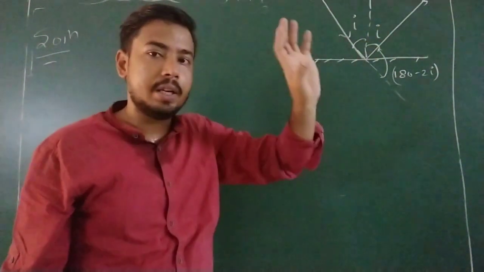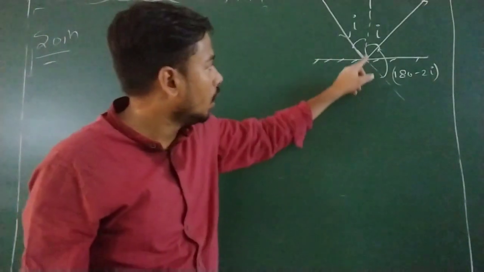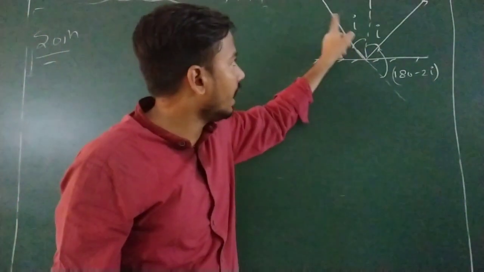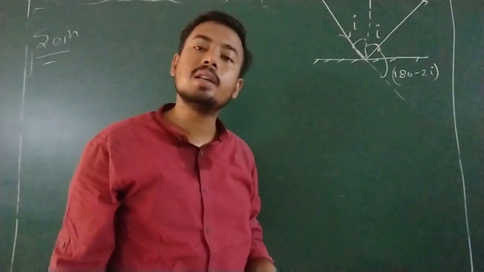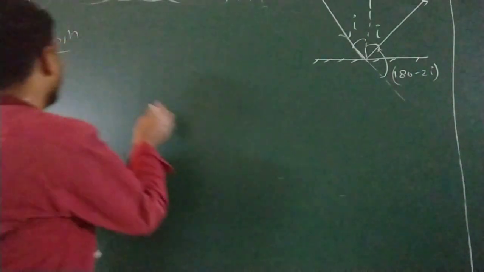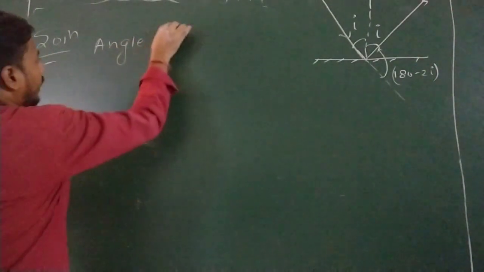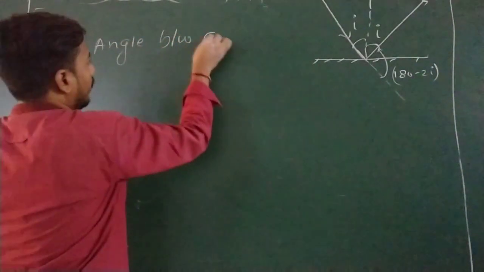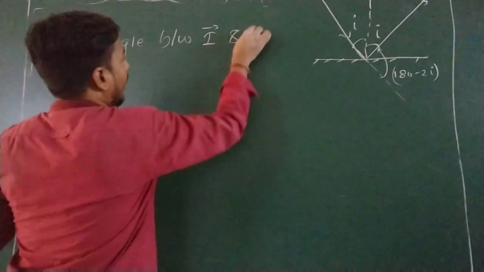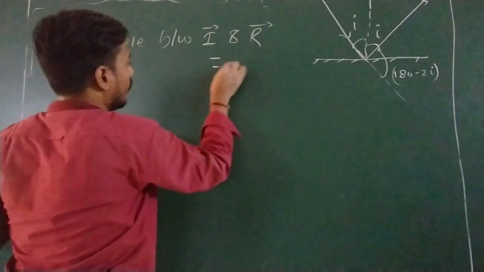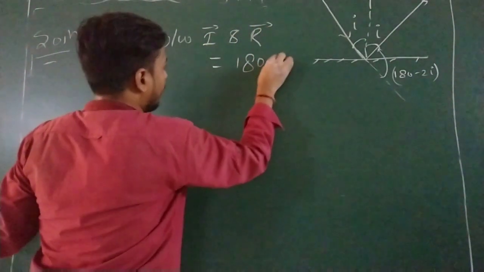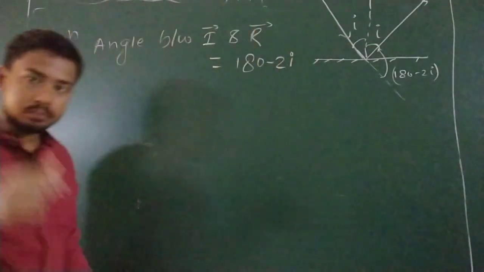This we have already studied in vector algebra. So I am writing here: the angle between the I vector and the R vector is equal to 180 minus 2i.